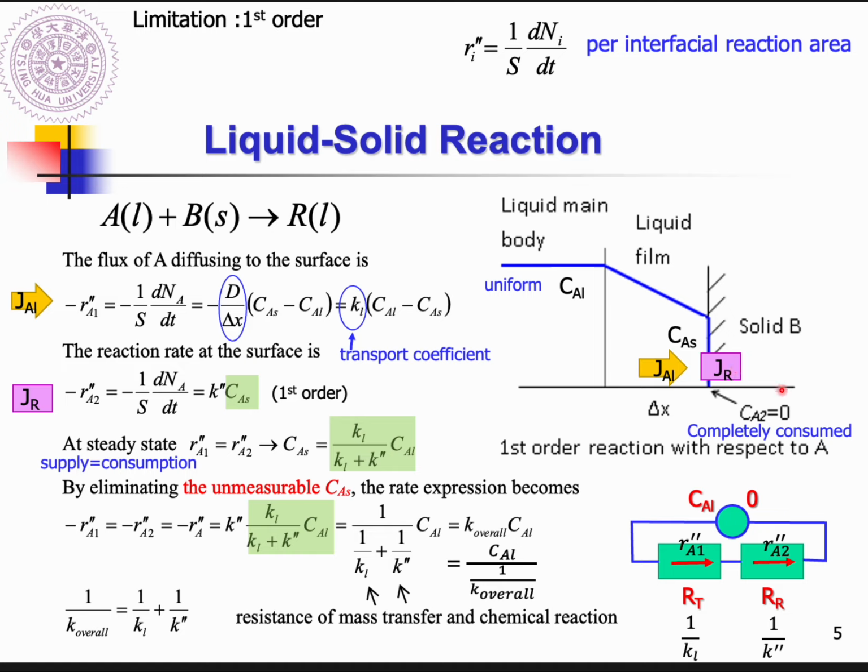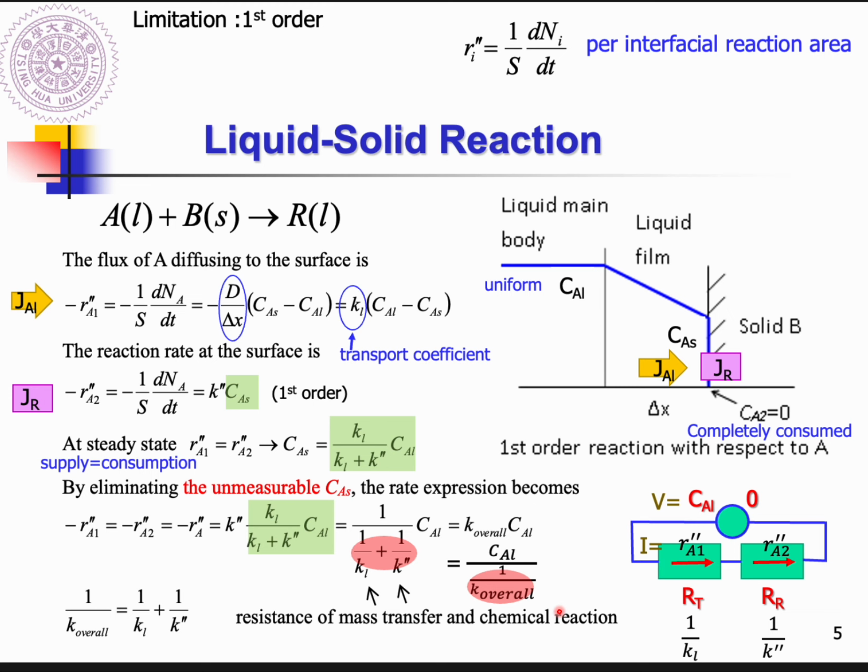Under those situations, you can easily formulate this, get this rate equation, and estimate the overall rate equation. Otherwise, it's quite difficult to deal with. Okay, so if you now have some ideas, let's move on with V equals I R.